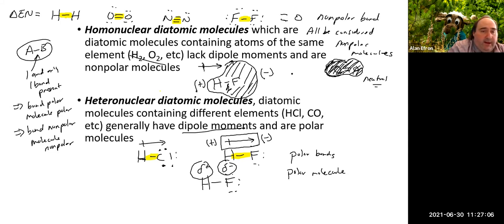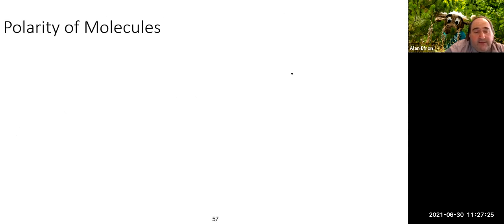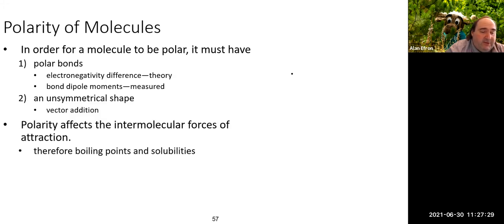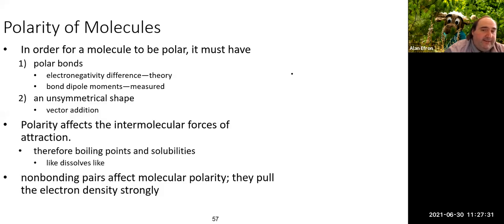Now, that would be great if it worked really well for things that are more than two, but it doesn't. So when we get into things that have more than two atoms present, we do actually have to look at a couple of different things to determine whether something is going to be a polar molecule or a nonpolar molecule.